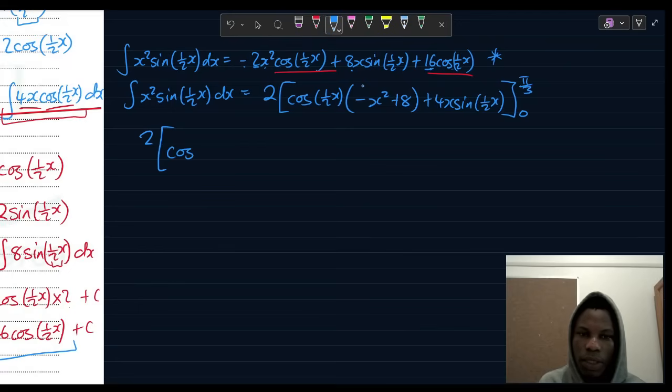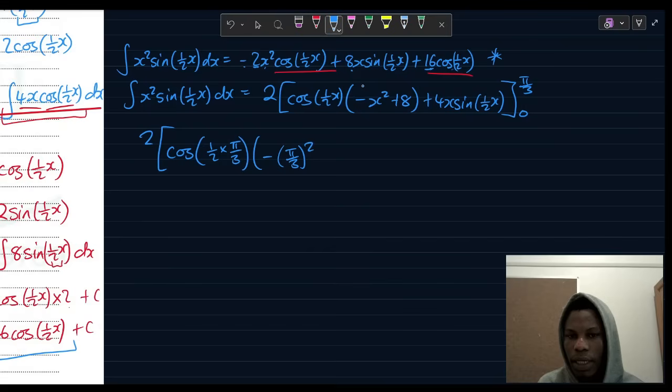So cos of 1 over 2 times pi over 3 times negative pi over 3 squared plus 8 plus 4 times pi over 3 sine a half times pi over 3.